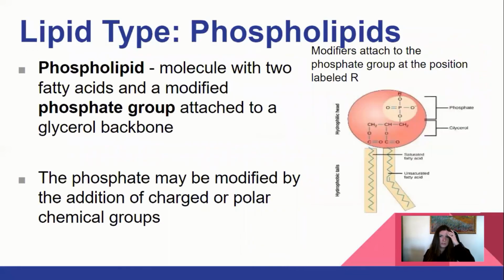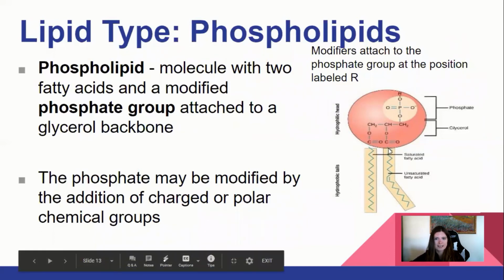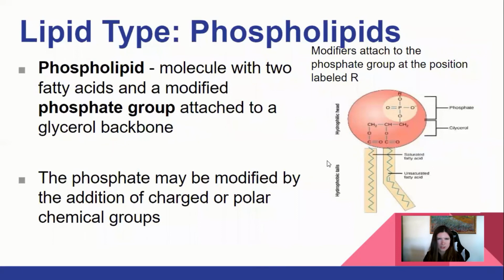Okay, so our phospholipids are made up of this phosphate group attached to a glycerol backbone, then attached to 2 fatty acid tails. So when we were looking at triglycerides, our fats and oils, we had 3 fatty acid tails. Now we just have 2. We also have this phosphate group.